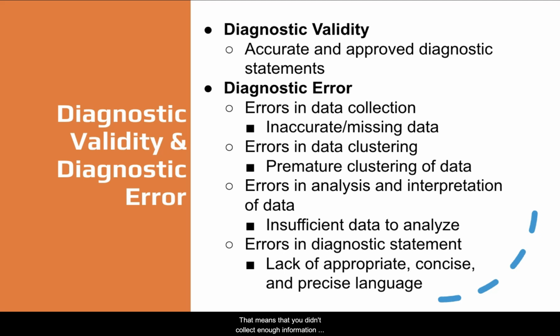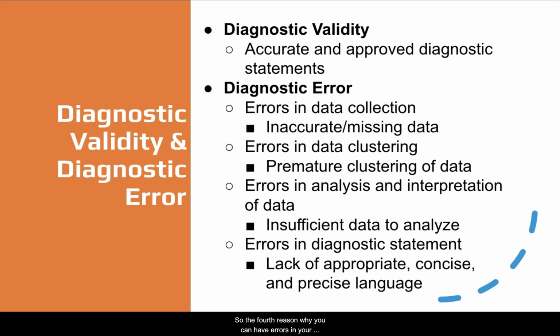That means that you didn't collect enough information and then you started to organize the data and you don't have enough to organize. Or you can have errors in analysis and interpretation of the data. You had insufficient data, you didn't cluster it correctly, and now you can't analyze it because of that same reason.